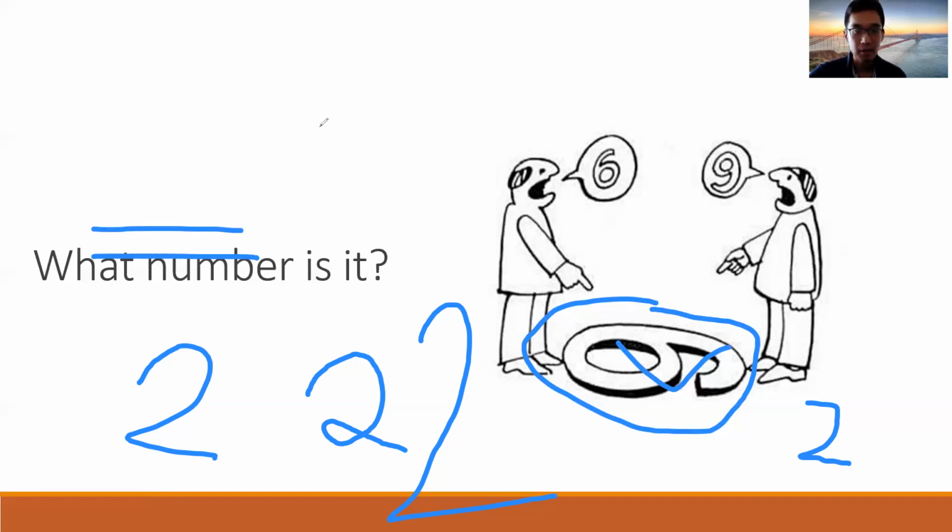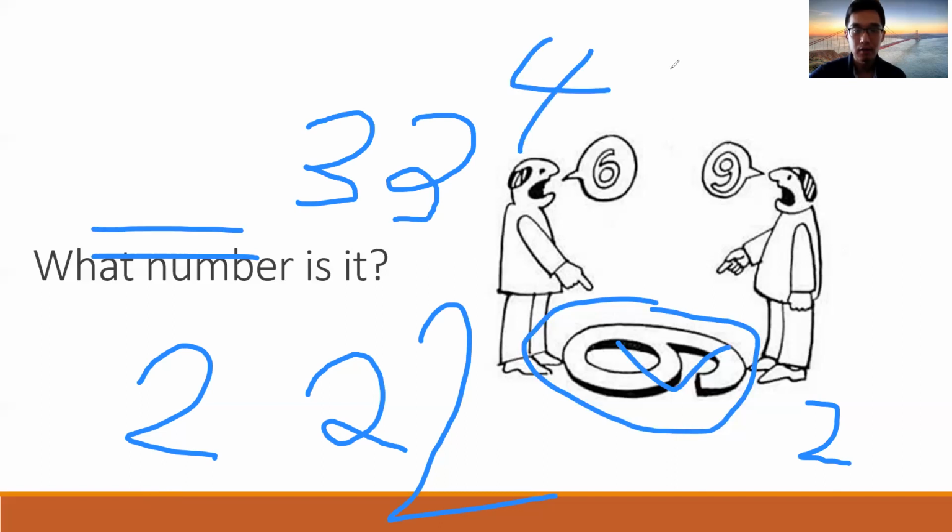Sometimes people write 3 like this and 3 like this, also 3, right? Some people write 4 like this. Some people write 4 another way. People have different ways of writing these numbers. Another example is handwriting. Everybody has a different habit of writing letters and numbers.